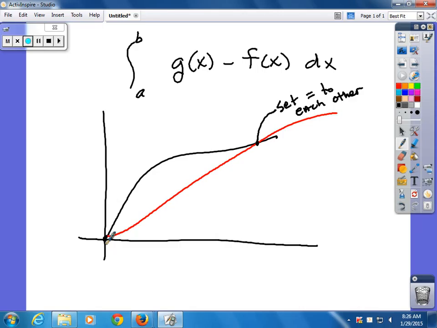And then what you're going to do, the antiderivative is basically going to take your, basically do your hatching. And that's the area of the curve, or area between two curves.